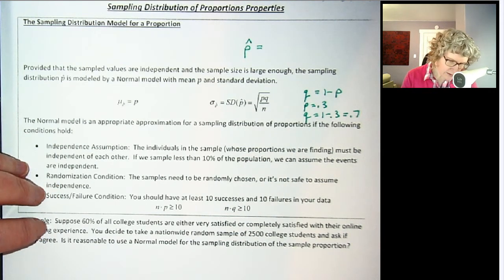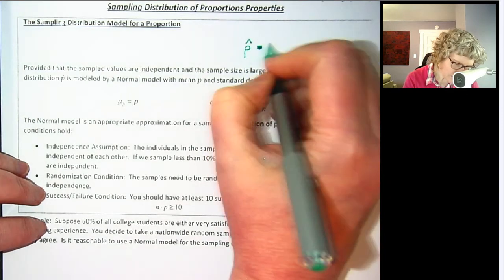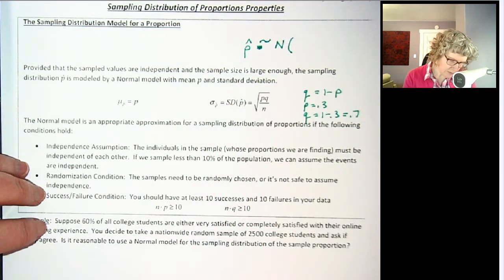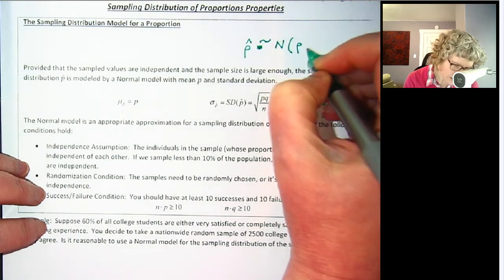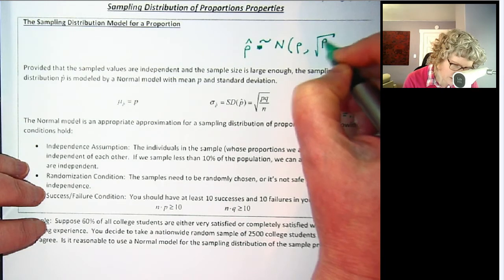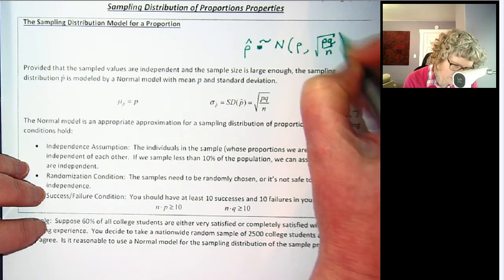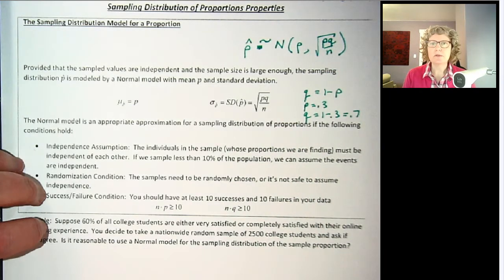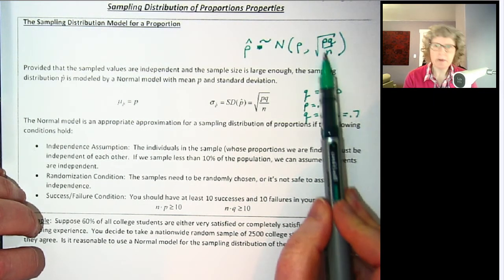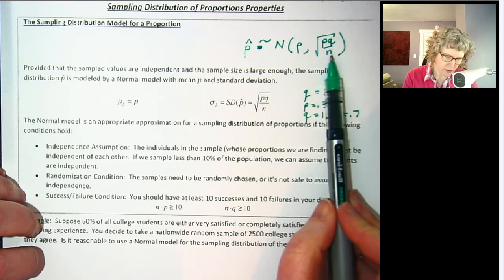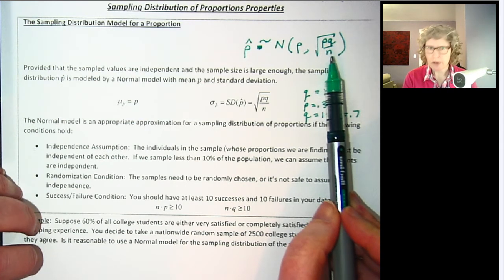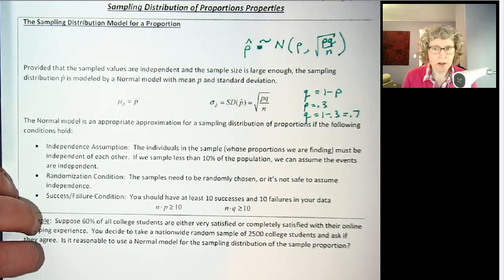So p hat is distributed as normal with a mean of p and a standard deviation of the square root of pq over n. Similar to our means, we have the square root of n in the denominator, so as n gets bigger and bigger, we're dividing by something bigger, and our standard deviation gets smaller.